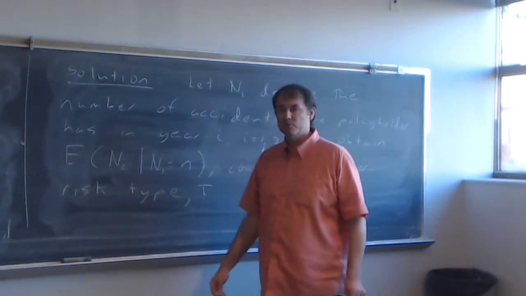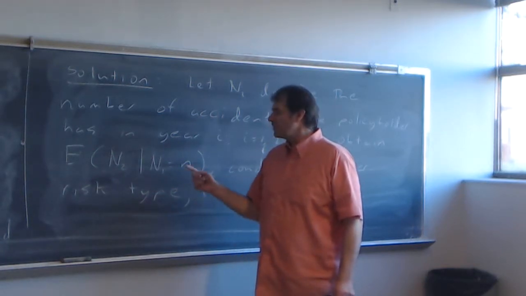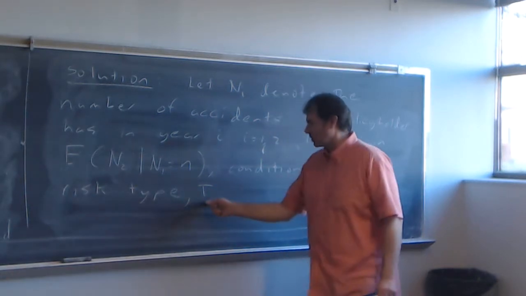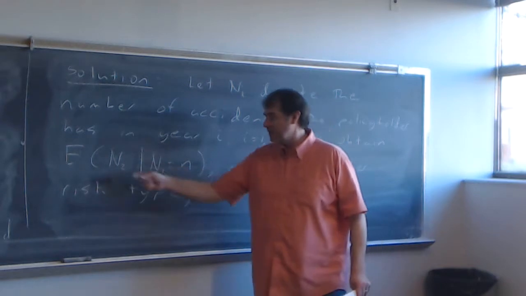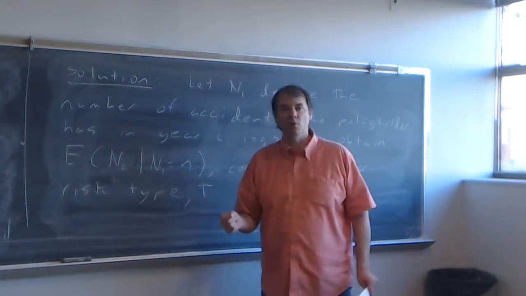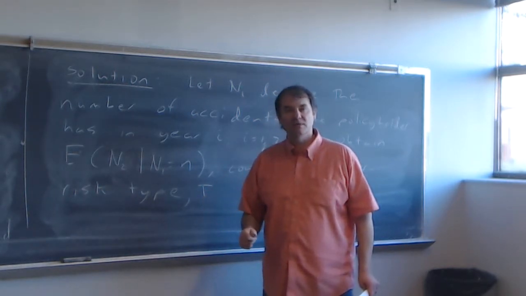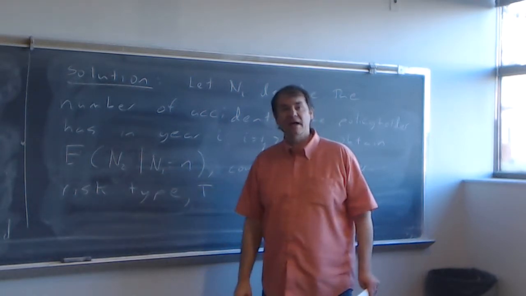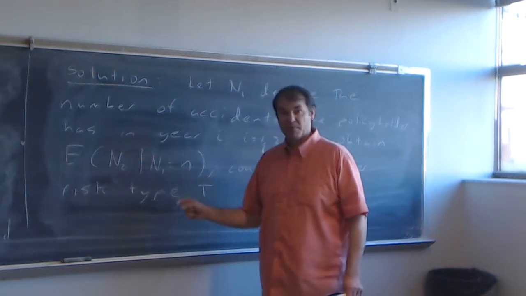But one of the things that happens here is that we can introduce this other variable, T, which is not independent of N2 and of N1. By introducing this, it gives us more information to work with because we know the probability of being a certain type, p sub i, and it might help us get some kind of formulation for what this will be.